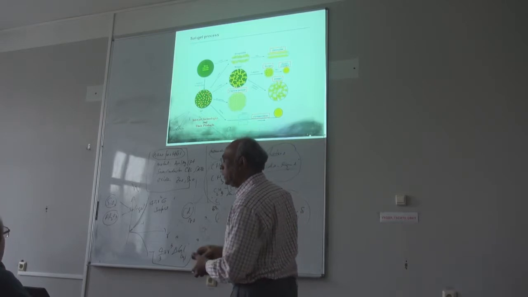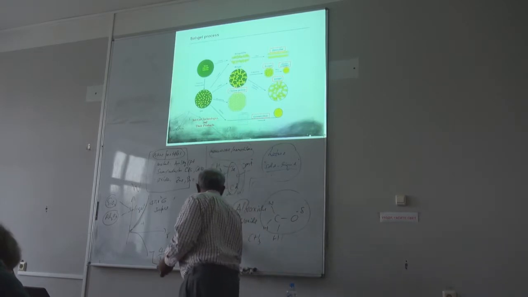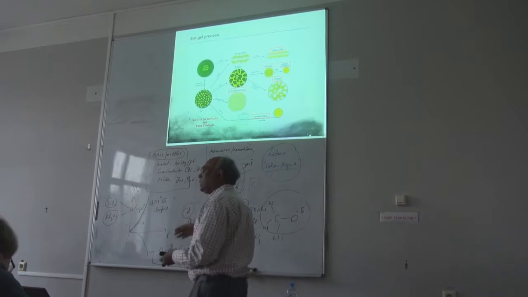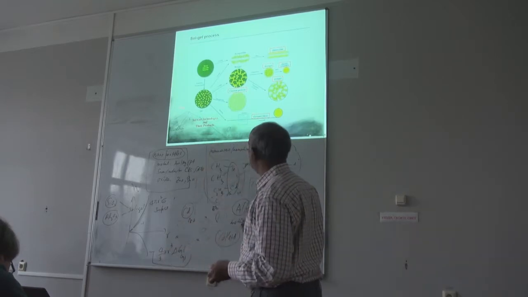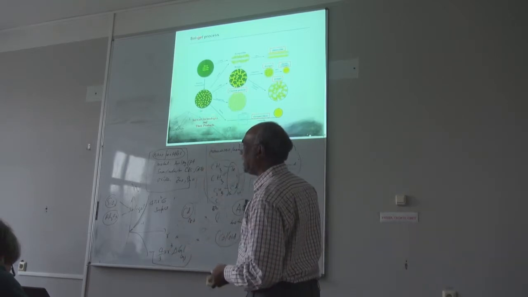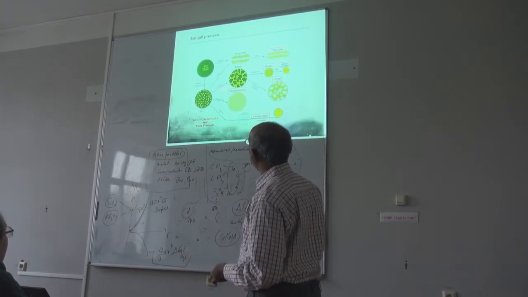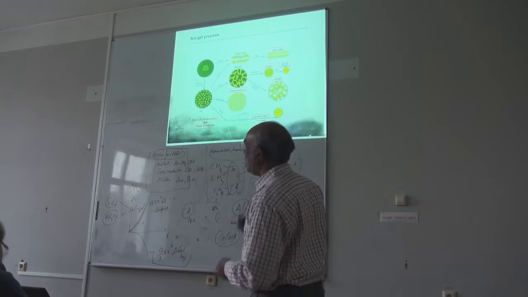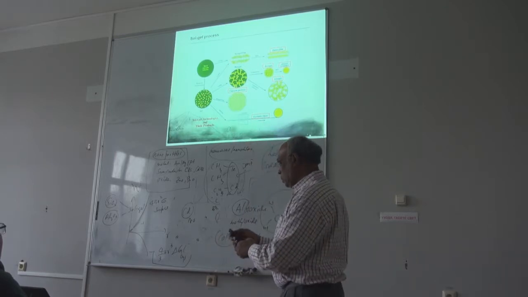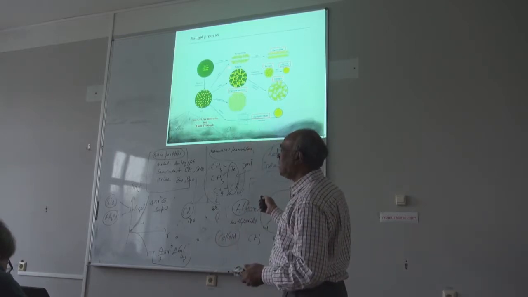We call it a sol. This is the sol-gel technique, right? Once you make the sol, then you can do anything. If you want to make a film, first you make a film.